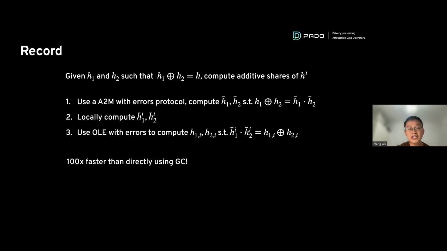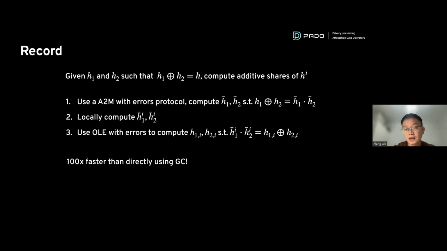And all these A2M with errors and OLE with errors are very lightweight, just involving a few OTs, and OT is quite lightweight in terms of performance.